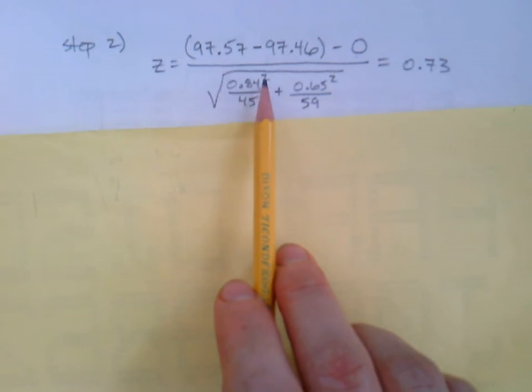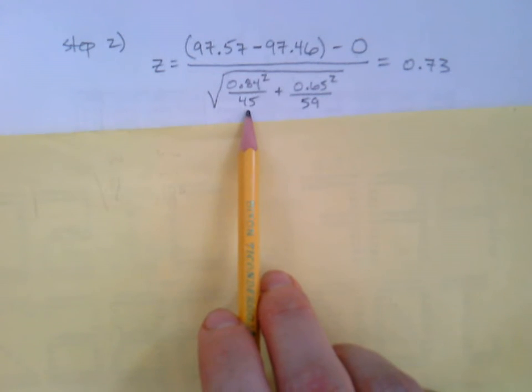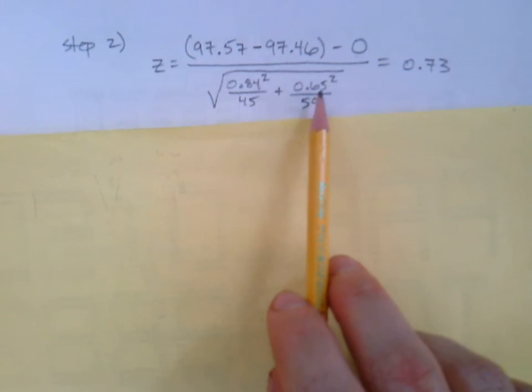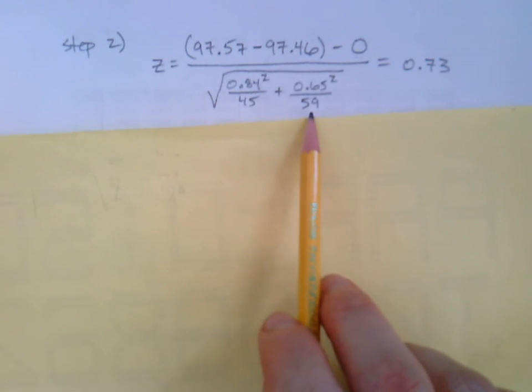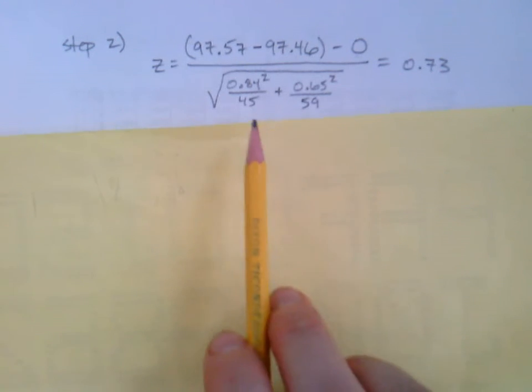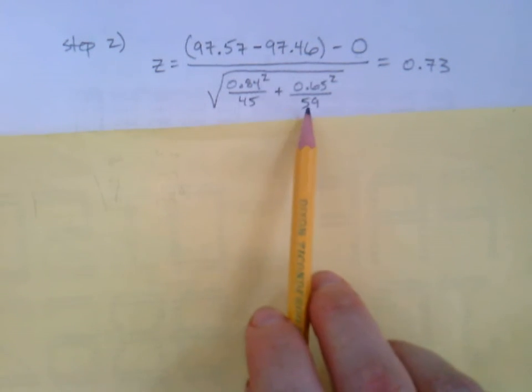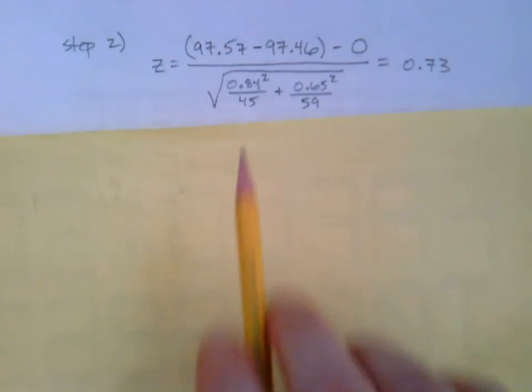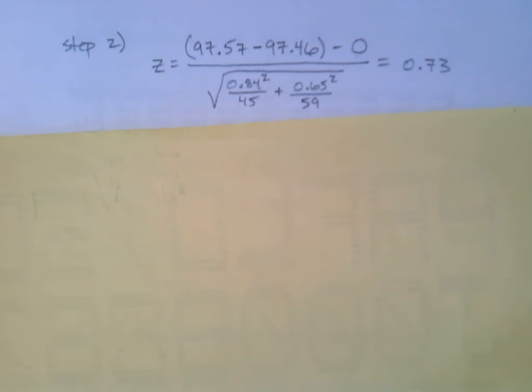So it's 0.84 squared over that sample size for the men, 45, plus 0.65 squared, the sigma for the women, over sample size 59. Fairly big difference there in sample sizes, but that's not a problem. Big sample sizes too, 45 and 59. They're doing our due diligence here to get some very reliable data.